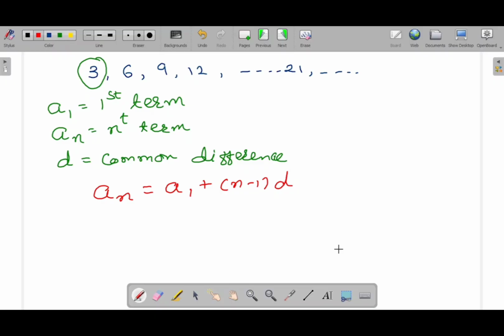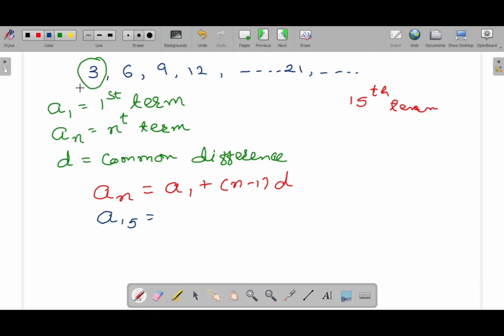So here, let's say in the same sequence, I want to find the 15th term of this given AP. How can I do that? I want to find the 15th term, that means A15 I want to calculate.